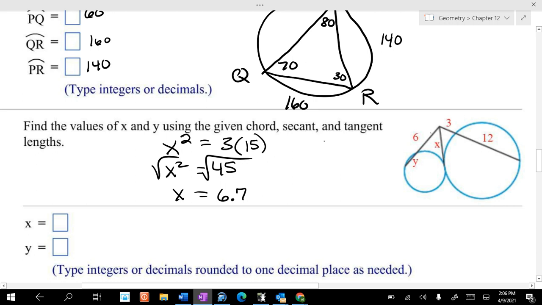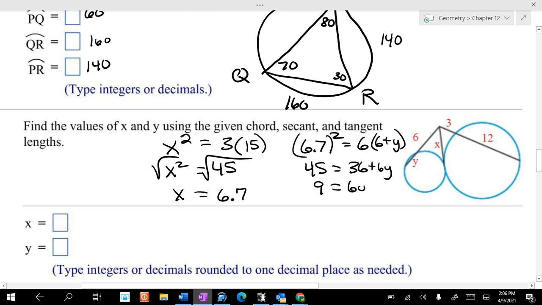Then if we take the outside 6.7 times the whole thing equals the outside 6 times the whole thing, 6 plus y. So it's 45 equals 36 plus 6y. Subtract 36, 9 equals 6y. Divide by 6. Y equals 1.5.